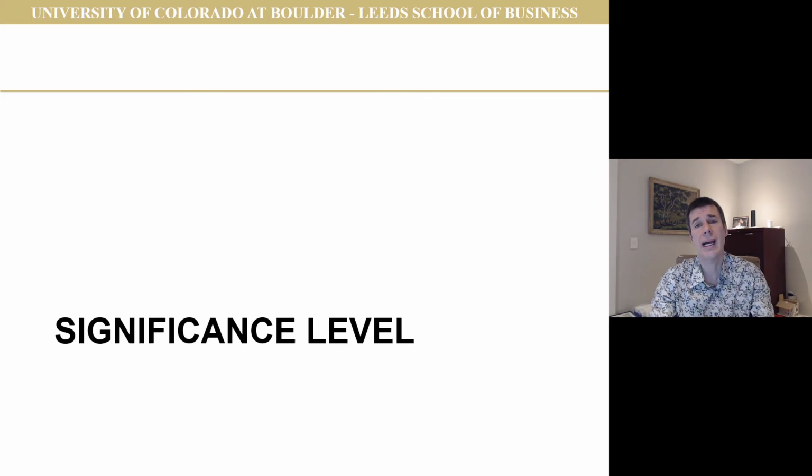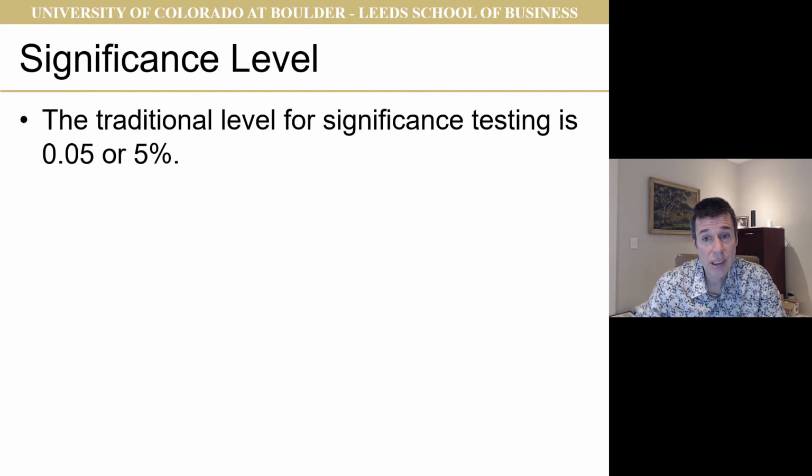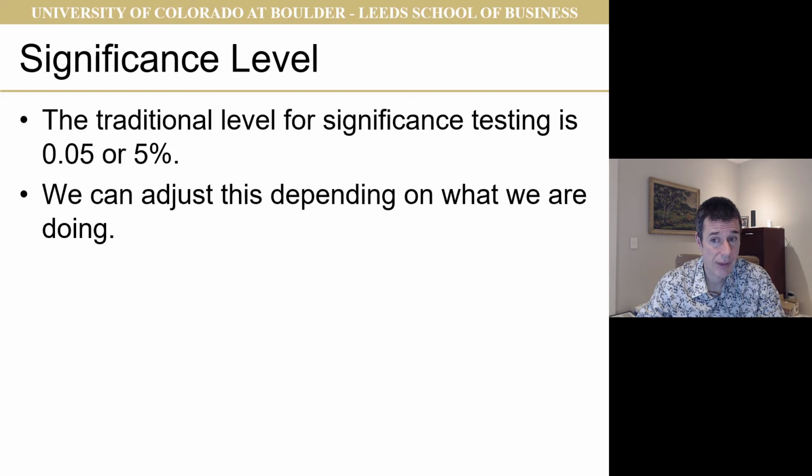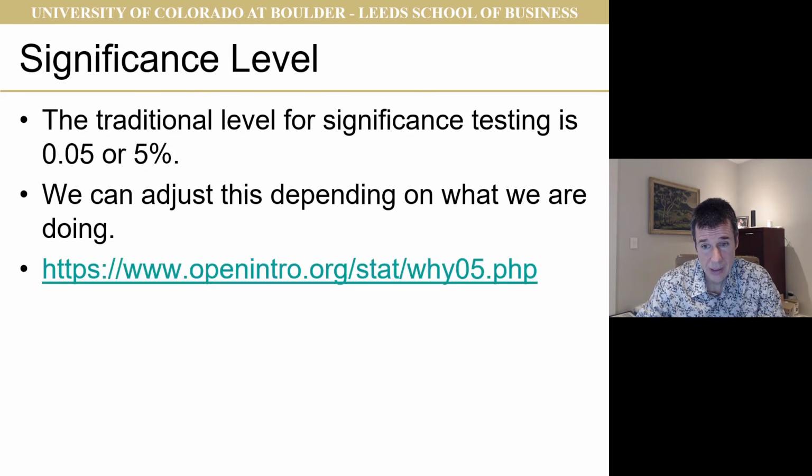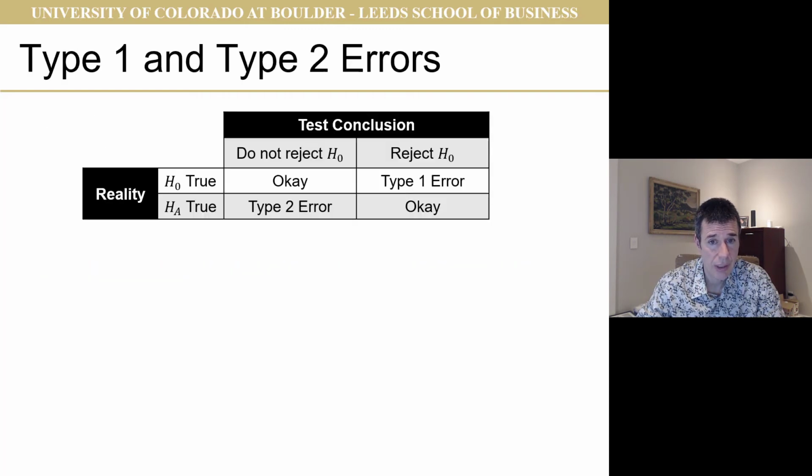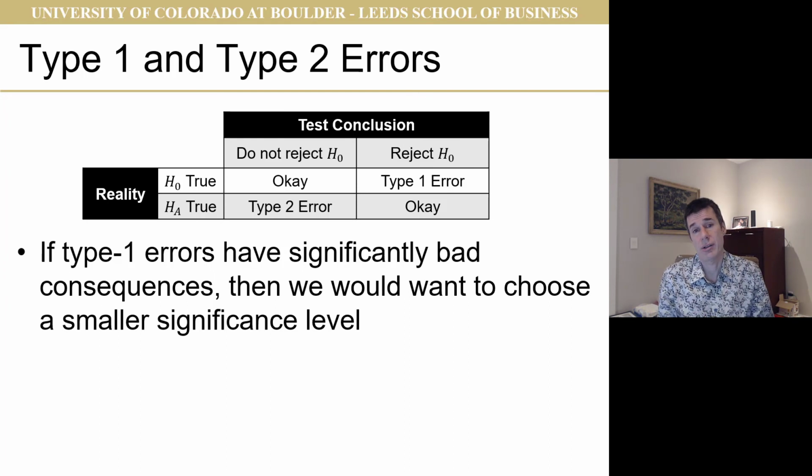All right, one last comment here about the significance level. The traditional level for significance testing is 0.05 or 5%, and we can adjust that depending on what we're interested in. There's a video here on why, if you're interested, but we'll just talk about a couple of examples, type 1 and type 2 errors.